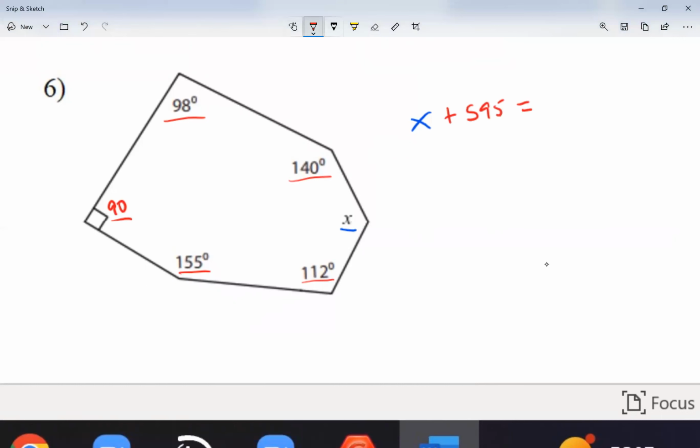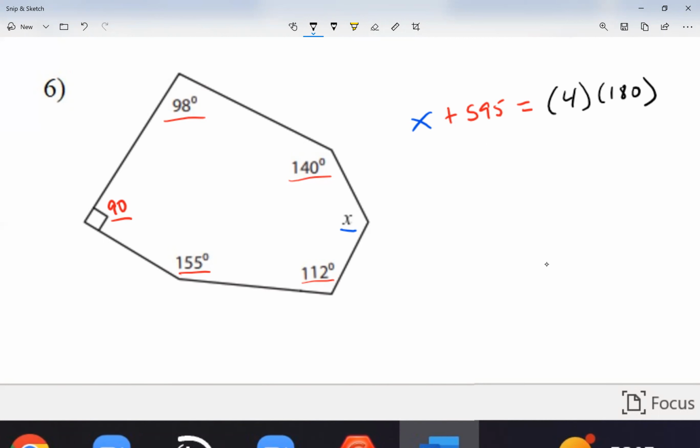This is equal to, I need to figure out how much all my angles add up to. There's 6 corners, there's 6 angles. So for me to find out how much all of them add up to, I'm gonna go 4 times 180. Remember, n minus 2, that's where I got the 4. 4 times 180.